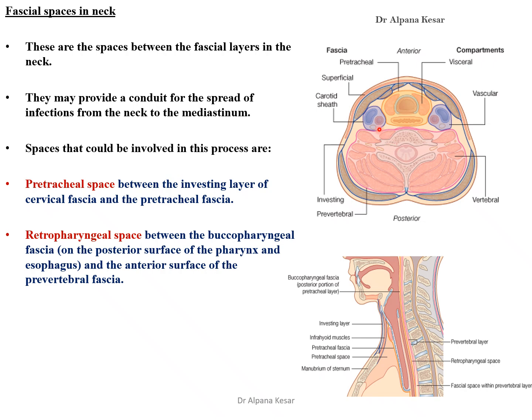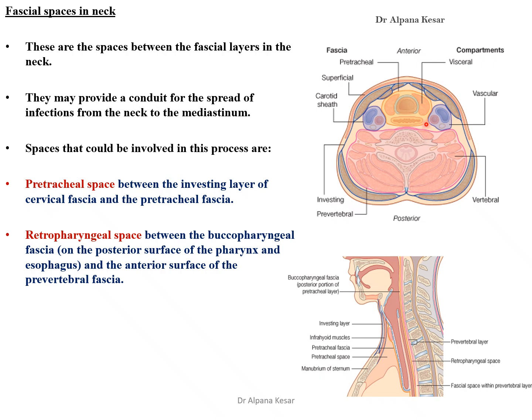This is the retropharyngeal space. Retropharyngeal space is present between the buccopharyngeal fascia anteriorly, which is the posterior layer of pretracheal fascia, and the prevertebral fascia posteriorly.